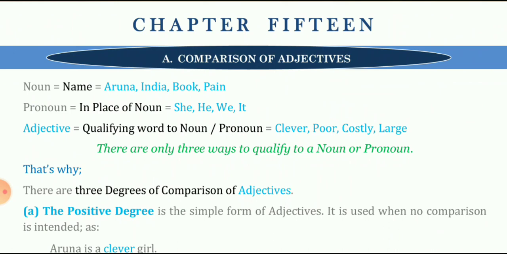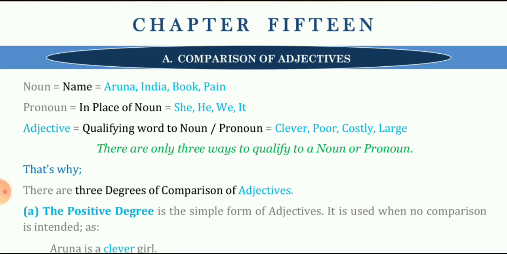And now we should know what is adjective. Adjective is a qualifying word to a noun or pronoun. It means before understanding adjective, we must have known about noun or pronoun. So the word which qualifies a noun or pronoun is called an adjective, right?